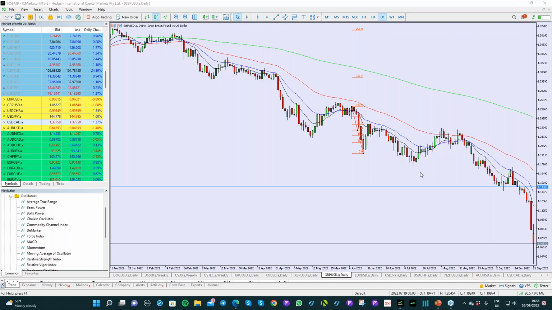So price action first, moving averages and Fibonacci next to find an area to look at, and then candlesticks to tell me exactly when those sellers are coming back into the market in order to take price further down in the right direction and make me profits on my trades.